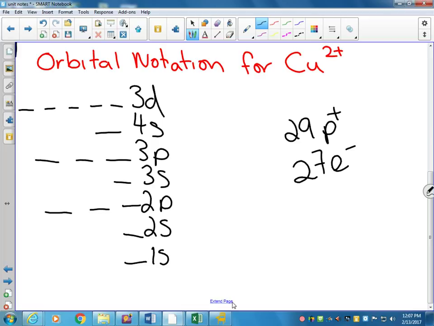27 electrons. Okay? So not always will it work out to a noble gas kind of configuration, especially those transition metals, but we know copper does sometimes form a 2+. So if we fill it out, we're just filling out 27 electrons. 1 up, 1 down.